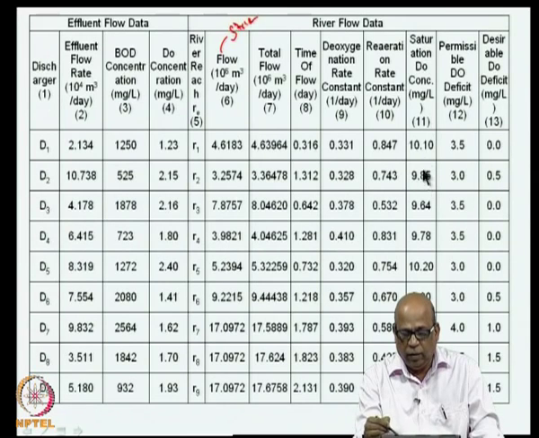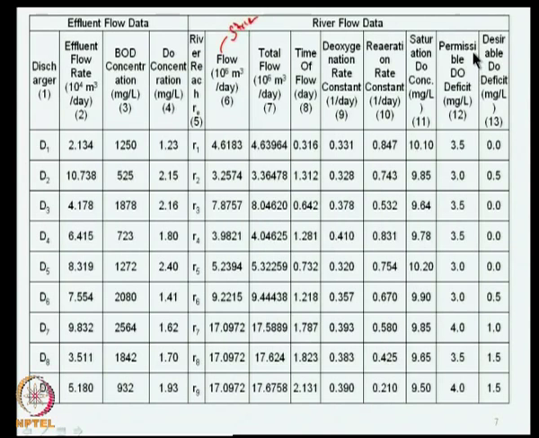Then you have the DO concentration, which will also depend on the temperature, which is given here. Typically, it will be of the order of 9 mg per liter. Then we will have the preferences. That means we will say that anything above 3.5 mg per liter of DO deficit is not acceptable, and we would preferably have a DO deficit of 0, which means as close to the saturation level as possible.